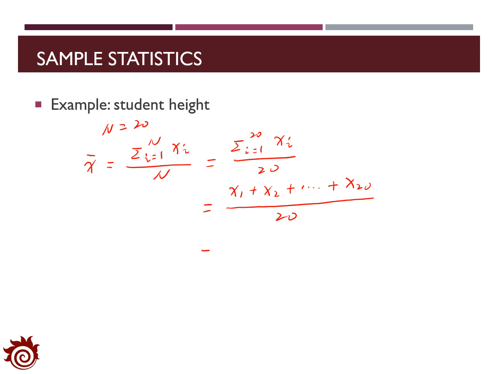And we should put all the student height information here. The first student, the height is 179, and second one 167, plus all the other students. The last one is 178, over 20, which will give you the mean as 174.7. So that's the way for us to calculate the mean.